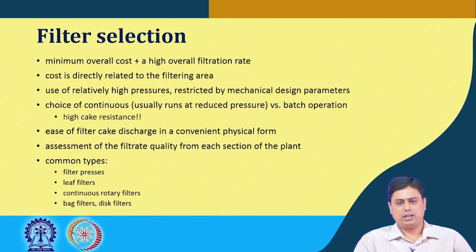Say a suspension is depositing on the filter media and the resulting cake has a high resistance. In case of continuous operation, in order to have a certain filtrate rate, the requirement of pressure will be continuously higher and higher.